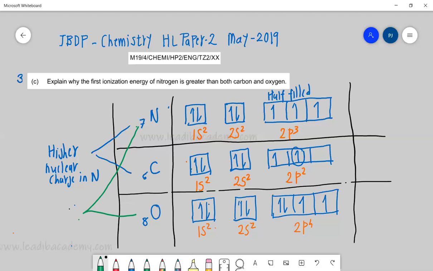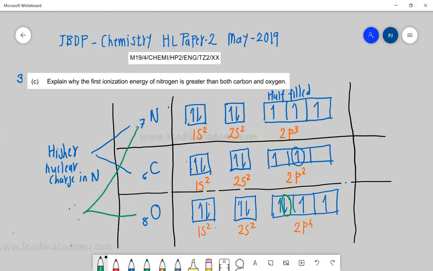That means it should be more difficult to remove one of the electrons. Now comes the interesting part. Please remember that in case of oxygen, it is not half filled, but in one p orbital, there is a pairing up. Now what is the effect?